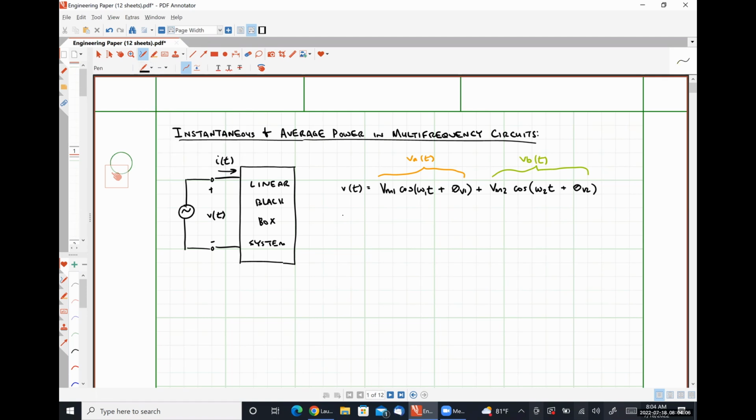And our current will also be composed of multiple frequency components.